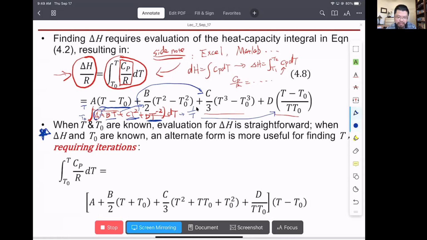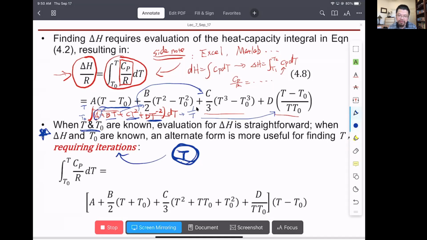Whenever we need to figure out temperature, those problems are always more challenging than others, because usually we need to run those iterations, try to have the initial guess, then try to plug in those values and see whether it's making sense or not.